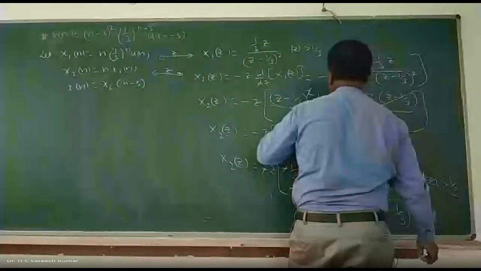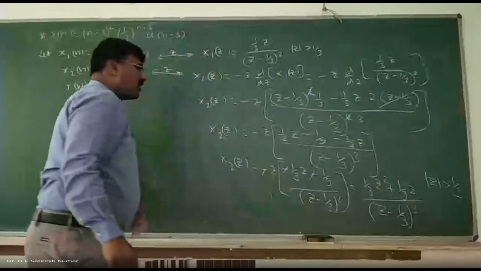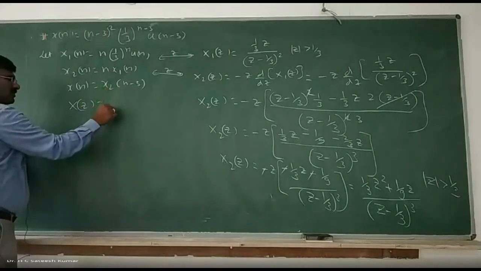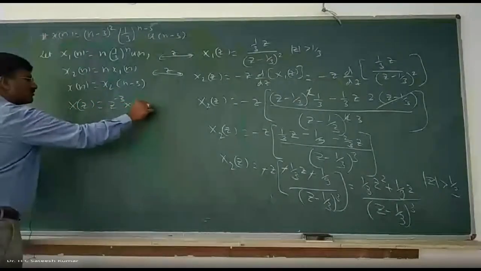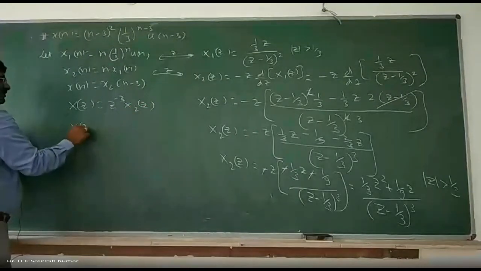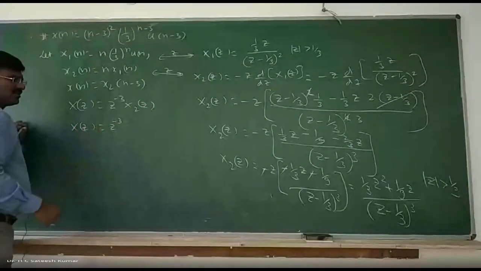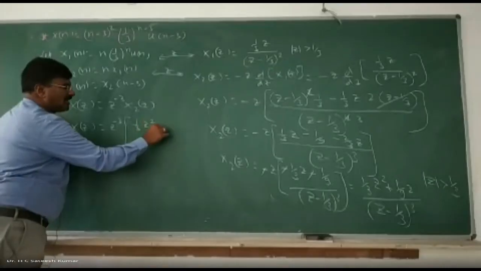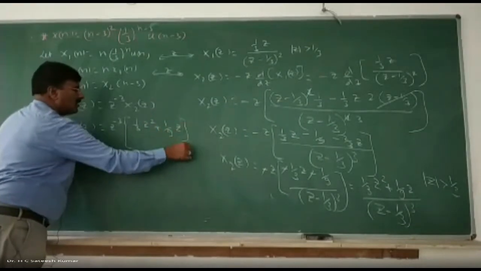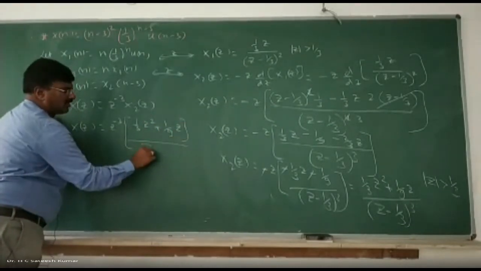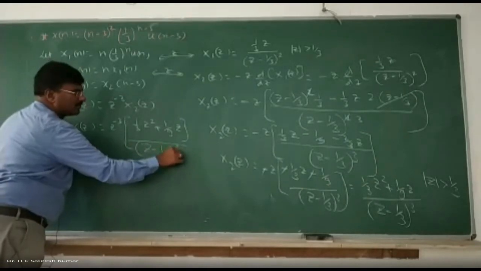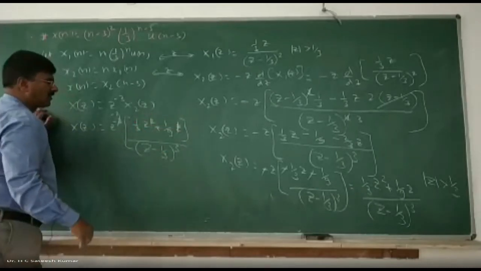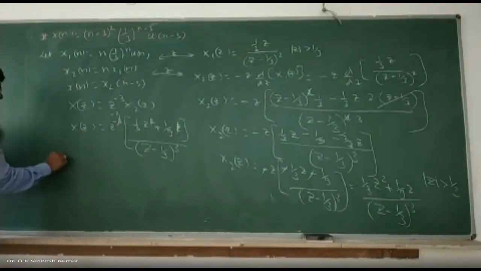Whatever the ROC we had, that will not change because of the differentiation property. In the differentiation property, ROC will not change. Therefore, x of z is equal to z to the power of minus 3 into x2 of z. So x of z is equal to z to the power of minus 3 times 1 by 3 z square plus 1 by 9 z, divided by z minus 1 by 3 whole cube. z to the power of minus 2 will get cancelled with the z, so you take it to the denominator.